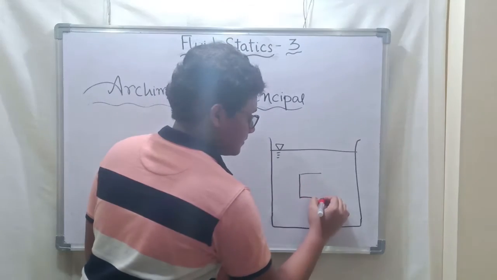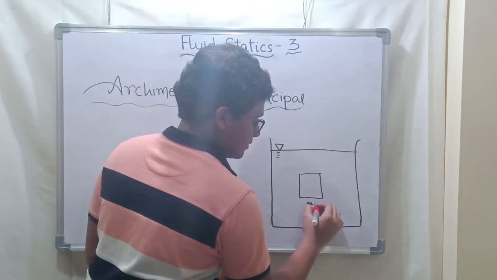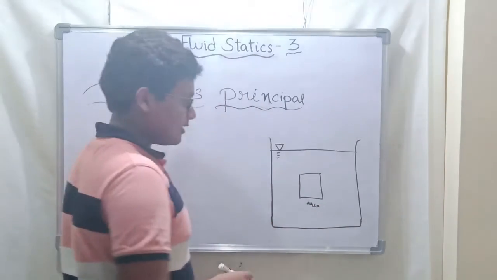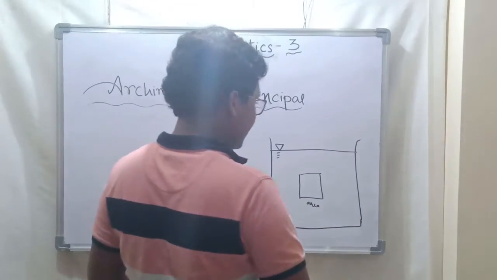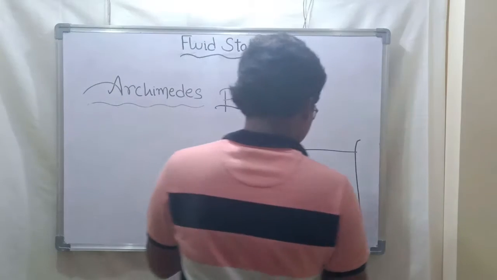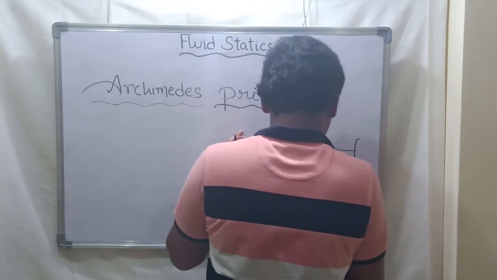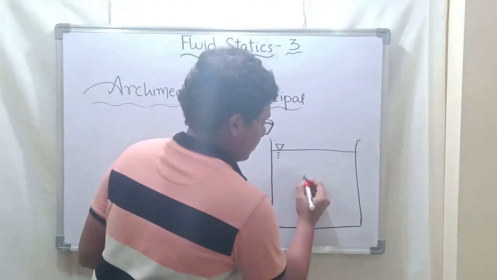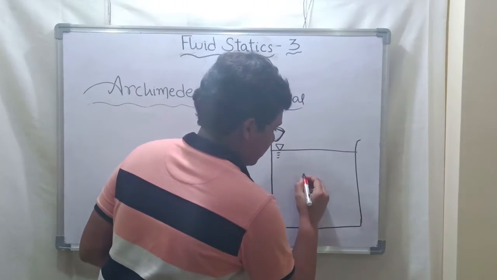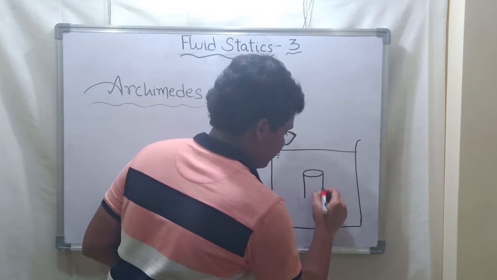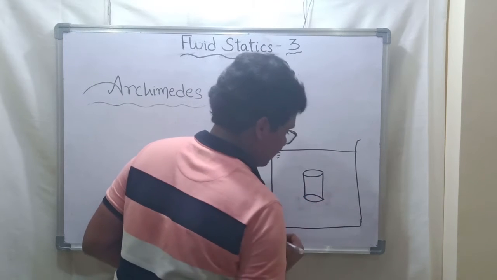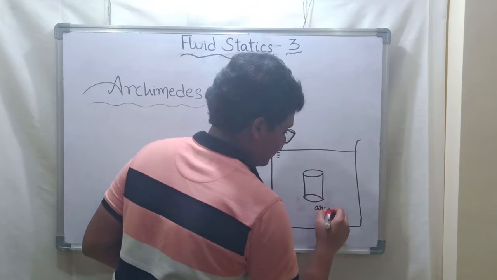If we take a body like this, and this is of area S, better we'll take a cylinder to represent the area of the base correctly.